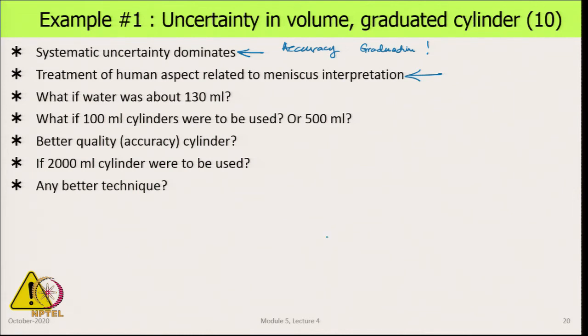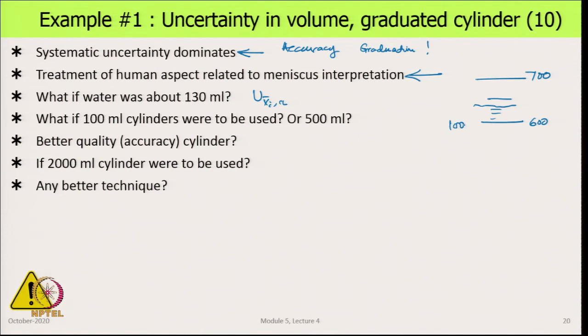Now, what will happen to the uncertainty u x bar at the same confidence level if, instead of the markings there, as you saw, the water level was somewhere there, this was 600, this was 700?